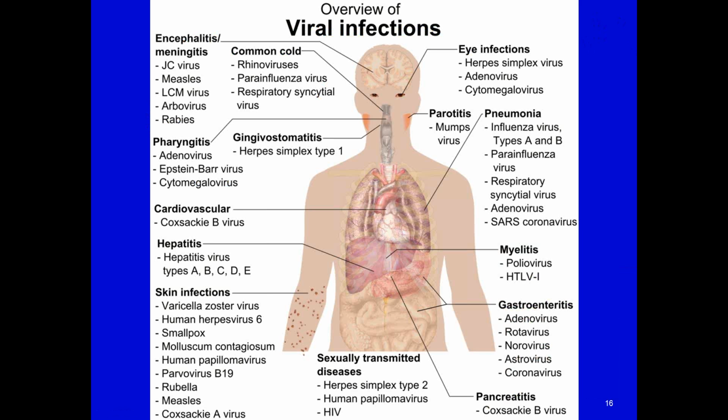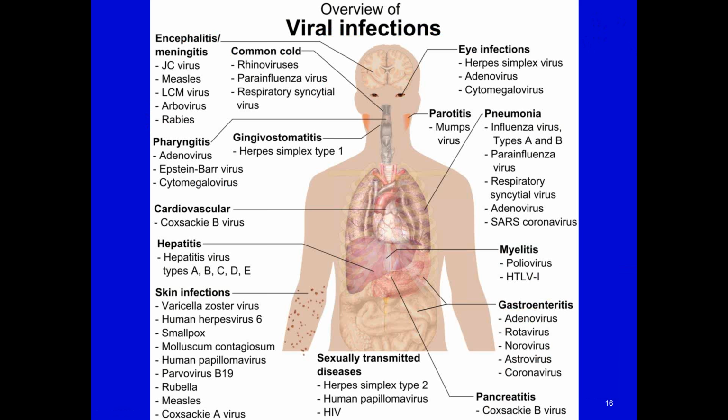Cardiovascular system can be affected by the Coxsackie-B virus. Of course, the liver can be affected by any of the hepatitis, A, B, C, D, or E. Your skin can be attacked by multiple viruses to include varicella zoster, human herpes virus, smallpox, papilloma viruses, rubella, measles.